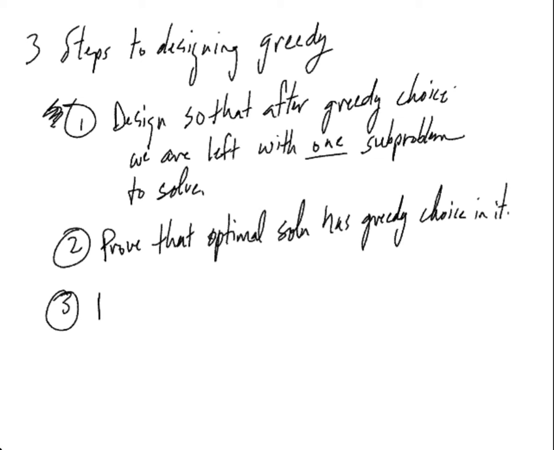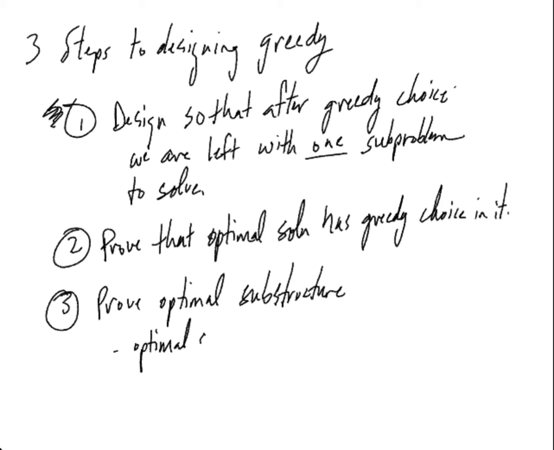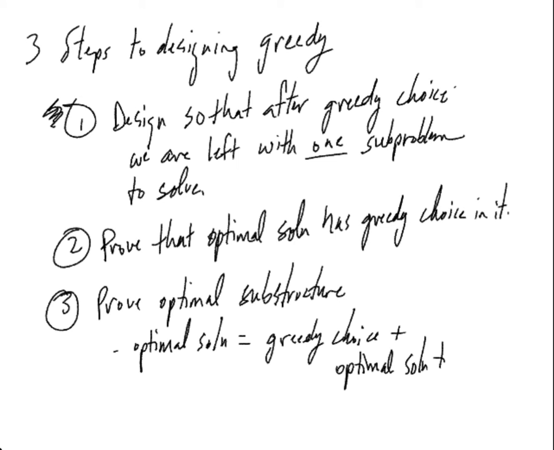Then we want to prove optimal substructure. That is, the optimal solution, which is equal to the greedy choice plus the optimal solution to the subproblem.